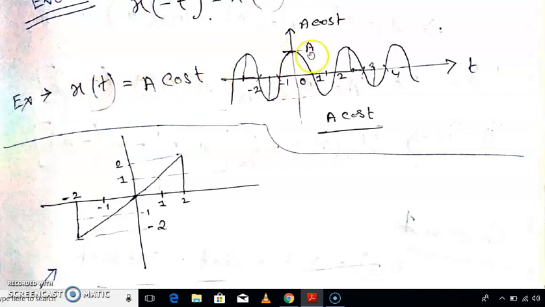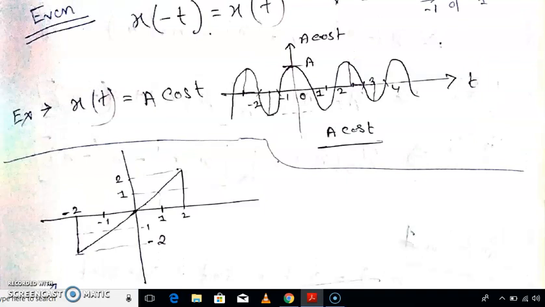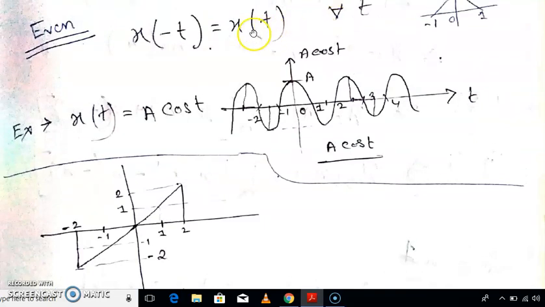For a cos t the value is a at 0, then it changes, and at 1.5 the value is minus a, and at minus 1.5 the value is also minus a. At 2.5 the value is a, and at minus 2.5 again the value is a. So that satisfies the previous condition, x of minus t equals x of t for all t. So it's again an even signal.